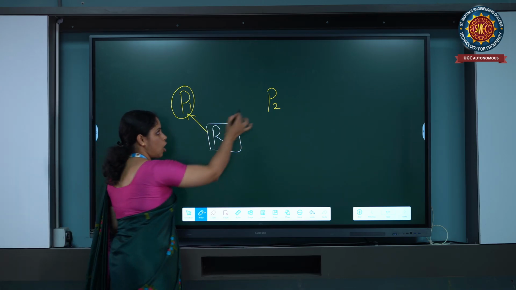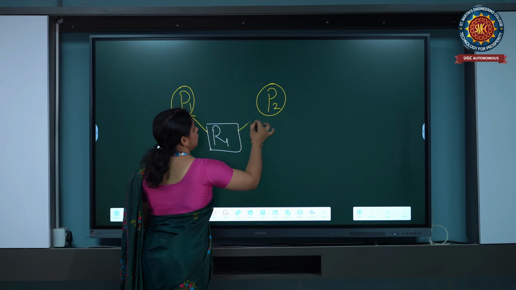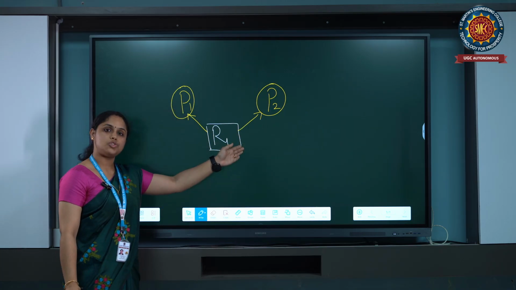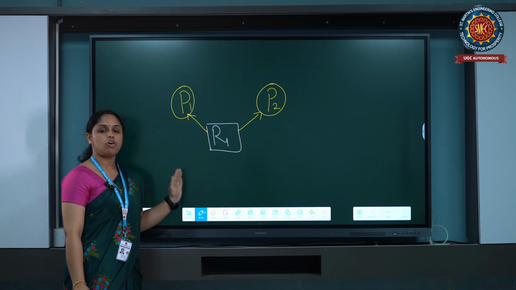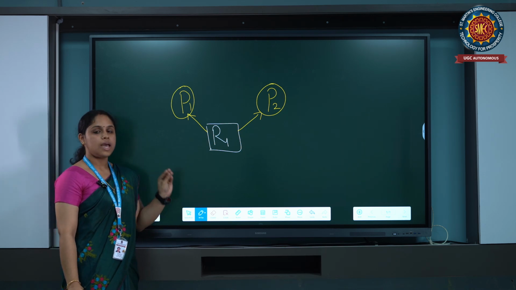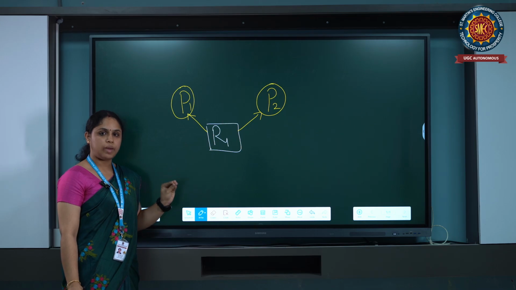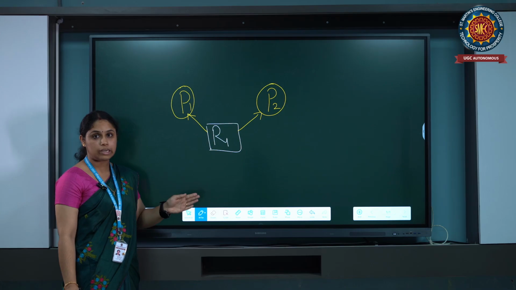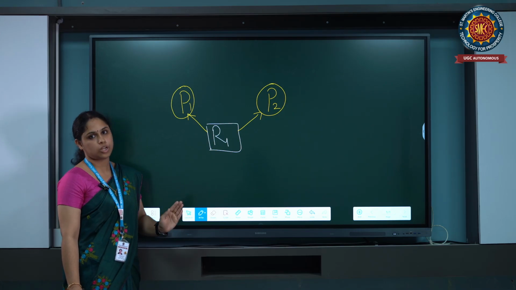But it is not allowed to allot R1 to both P1 as well as P2. That is the situation of mutual exclusion. One resource should be either free or allocated to exactly one process.